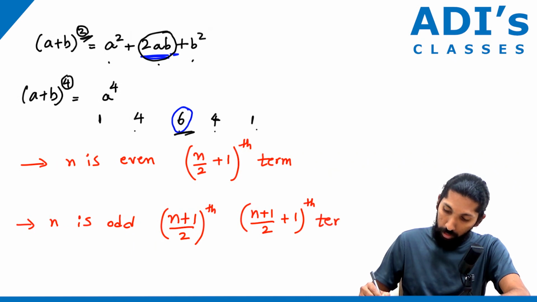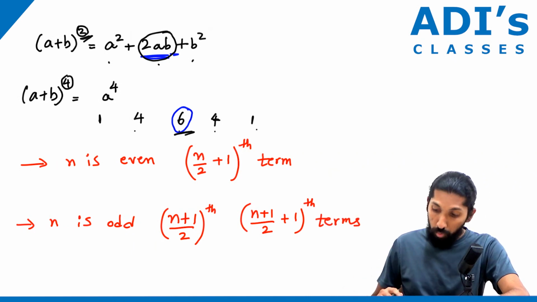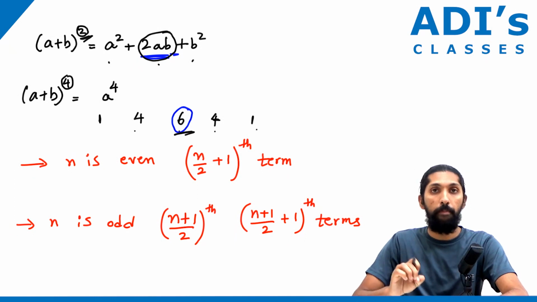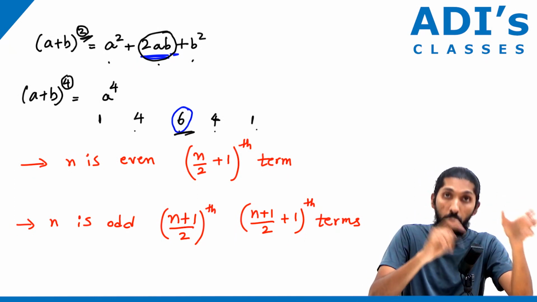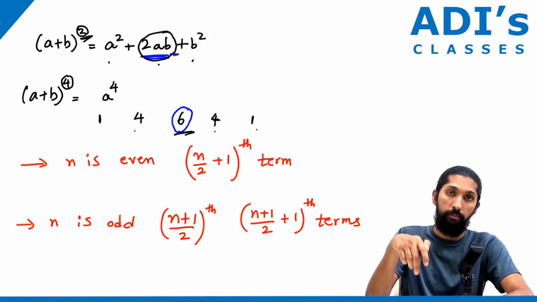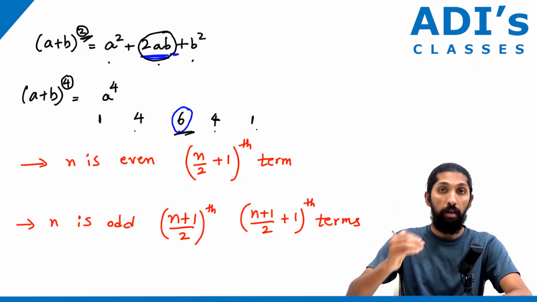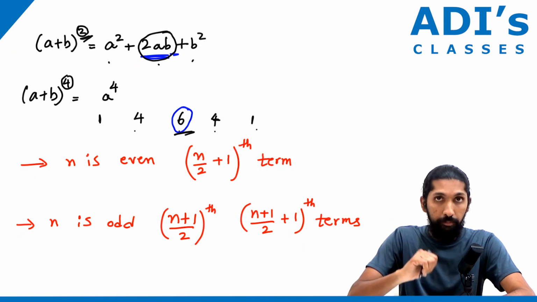So there are two terms, and these two are the midterms. When n is even, you have one midterm. When n is odd, you will have two midterms. Clear? So this is how we are going to find the midterm.